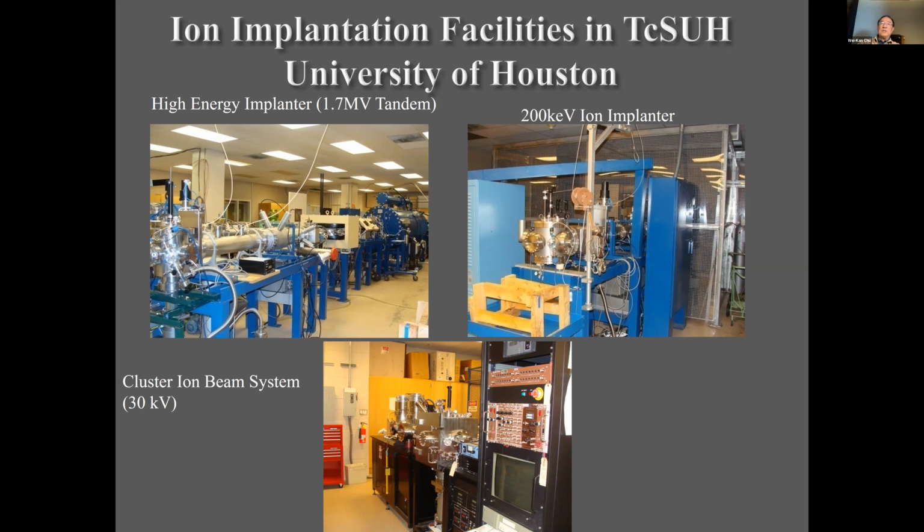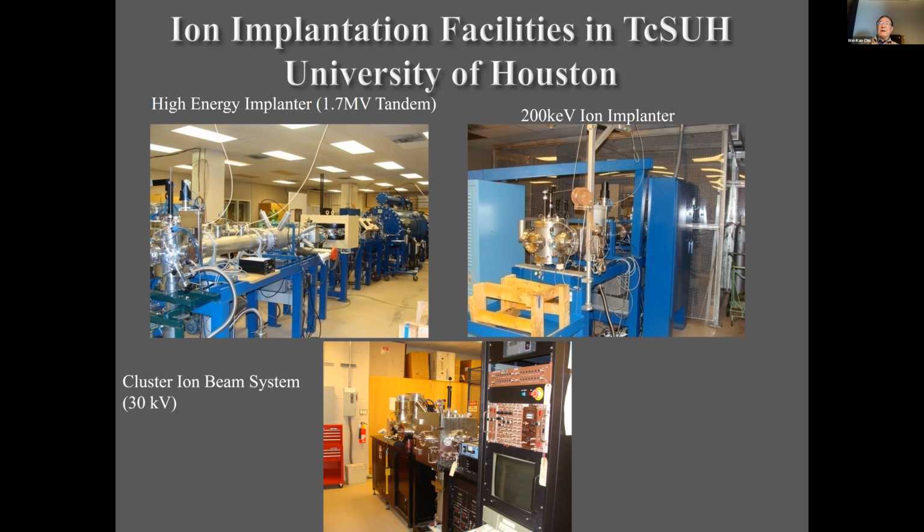The cluster beam machine is very powerful and very useful, despite its being small, and the function is quite different. First, let's look at the energy. The energy is 30 keV. That's low energy. The cluster means not a single ion, not a single atom, but rather a cluster of atoms.